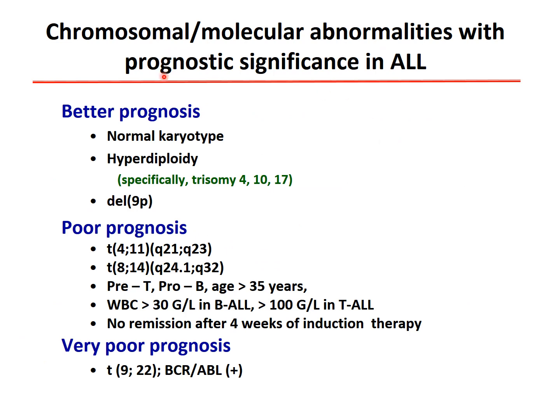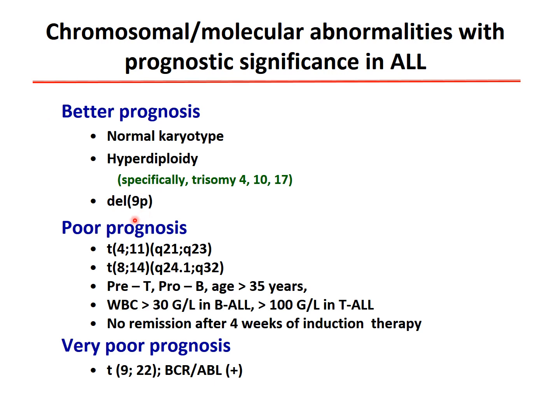Again, you do not need to know by heart. However, you have to have a clue about how we can give a good prognostic suggestion to the patient. These kinds of markers, for example, that are listed here, can be used to specify the prognosis of this patient. For example, if somebody has a normal karyotype and high hyperdiploidy, mostly trisomy of chromosomes 4, 10, 17, or the deletion of 9, these are the better prognostic leukemias.